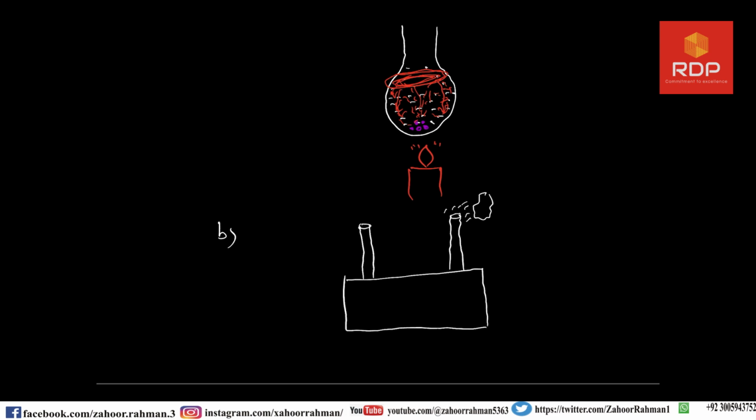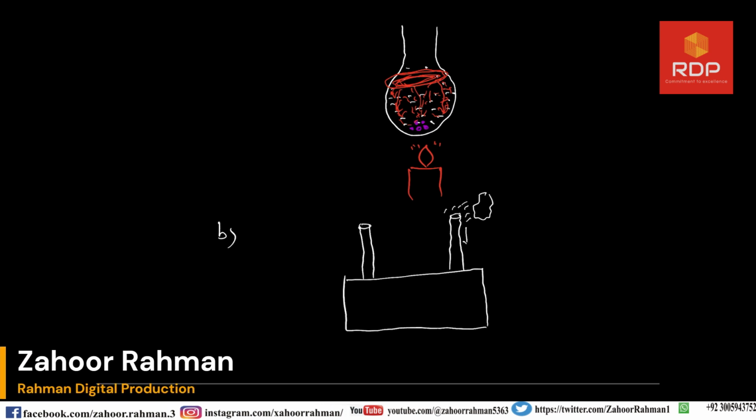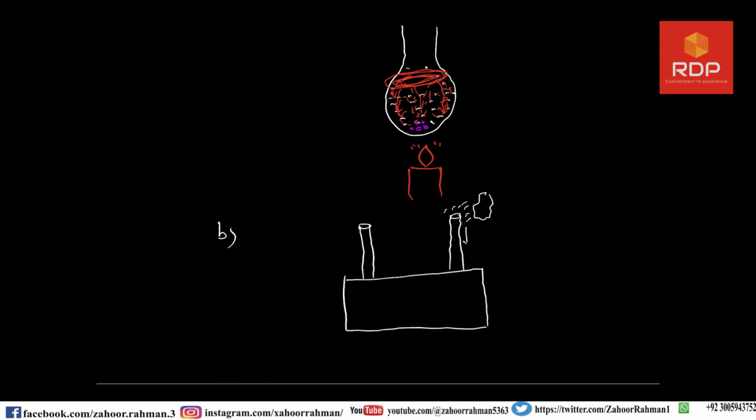So through this chimney the smoke particles are going, and here we have a light source, and you consider that this is the light source, so that we can visualize these particles of the smoke.